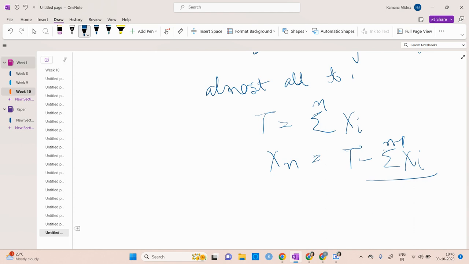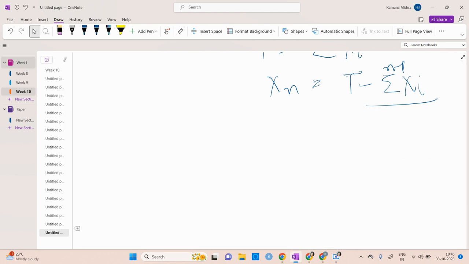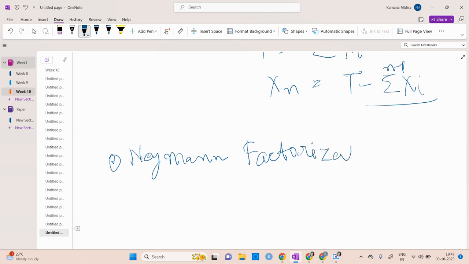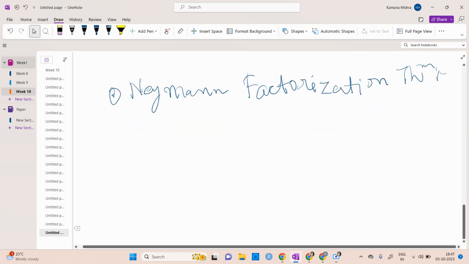And then there is a theorem which we use generally to find whether some estimator is sufficient or not, and this we call the Neyman factorization theorem. We know how to do this.